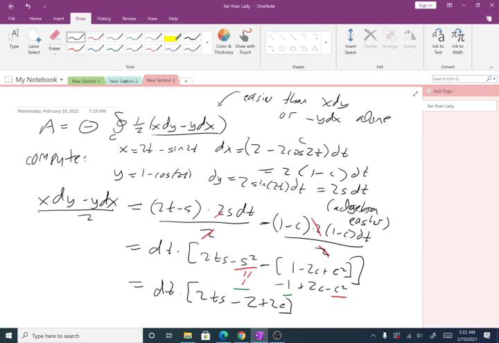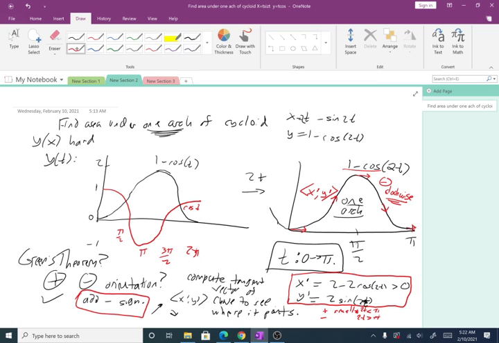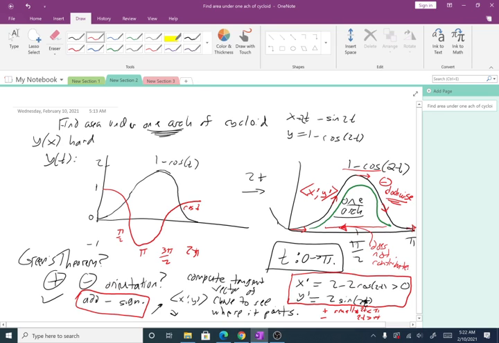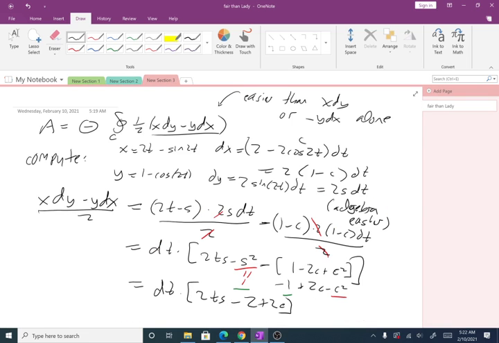And one subtle point that I glossed over was we just looked at the arch part of the curve, the curvy part. It turns out there's also this part here, the lower base part. This does not contribute. Let me just explain really quickly why.